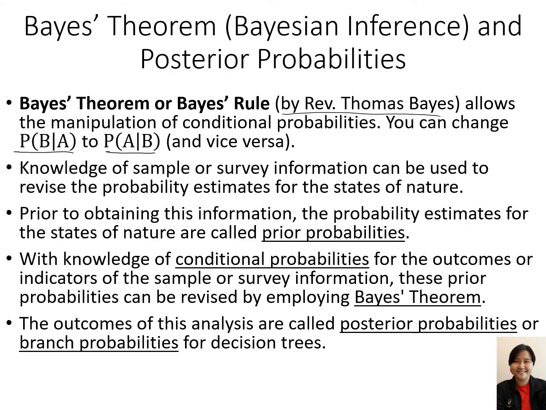Remember, for the PDC problem, if there is no market research or knowledge of sample information, the probabilities are called prior probabilities. Once again, let me reiterate that if we are not given the posterior probabilities, it is still possible for us to derive them using the Bayes theorem, as long as we know the conditional probabilities.